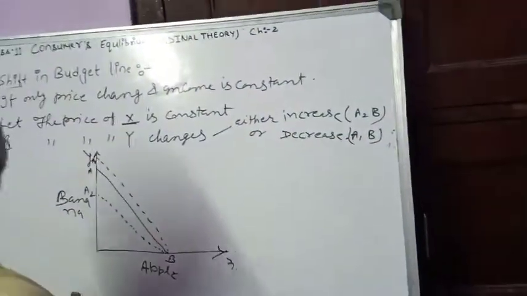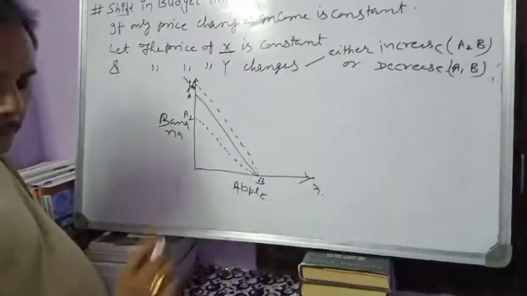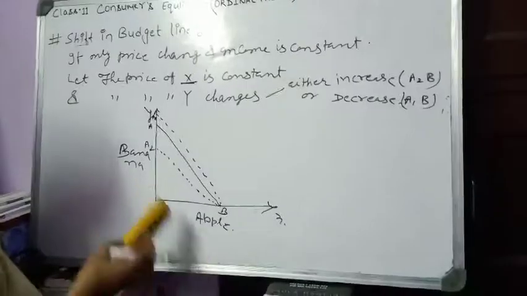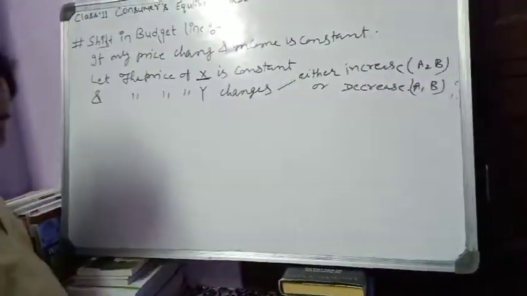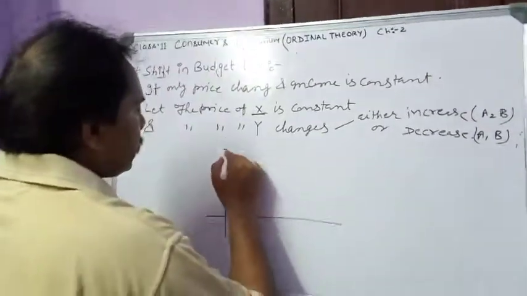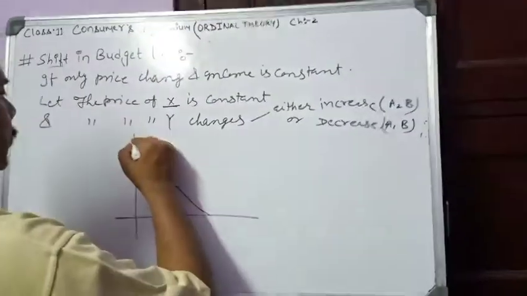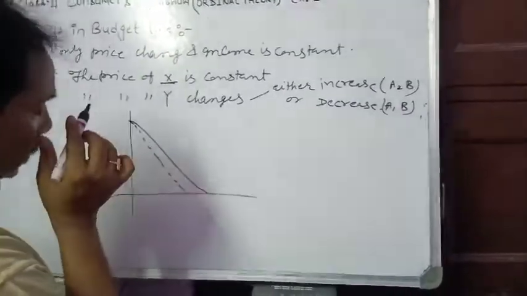Like that, if the price of the banana is constant and the price of apple has changed. In this situation, you can see another diagram. So look here. This is your budget line and the price of the apple has increased.